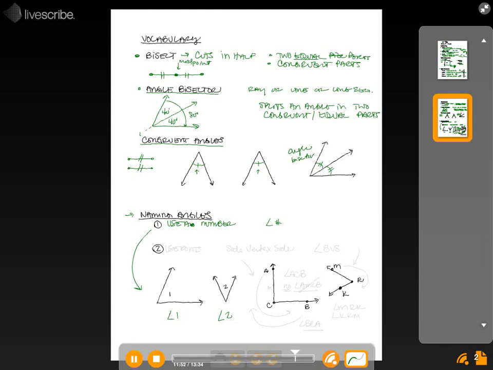Okay? Second way is to use points. If we're going to use points, it needs to go side, vertex, side. We again use the small acute angle to name it, and then we go side, vertex, side. So let's look at these examples here, and we work our way around.